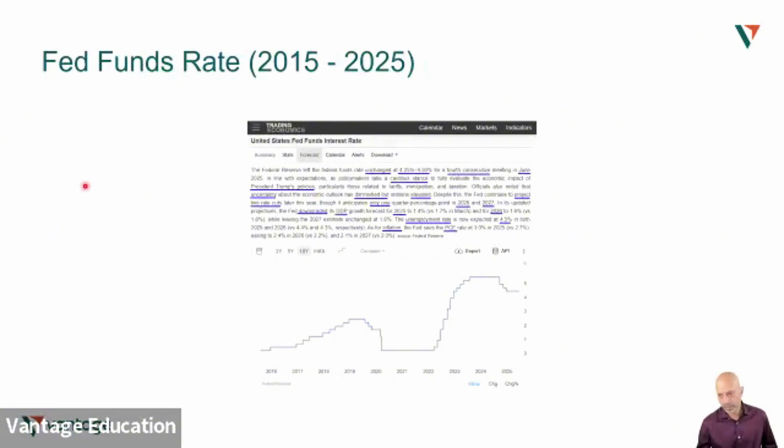Now, we can see here that in March of 2022, the Fed started to raise rates aggressively, bringing it up from 0.25% to as high as 5.5% by the second half of 2023. And they kept rates elevated all the way till the third quarter of last year.